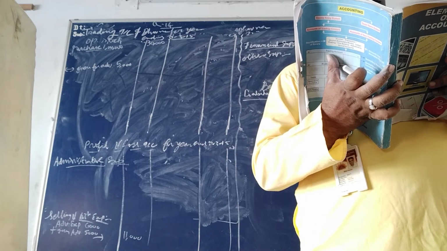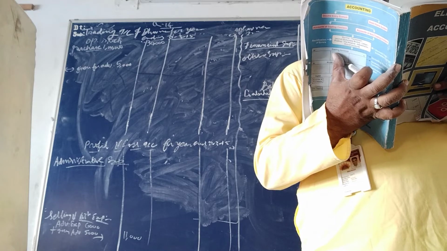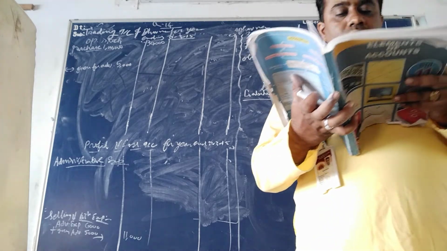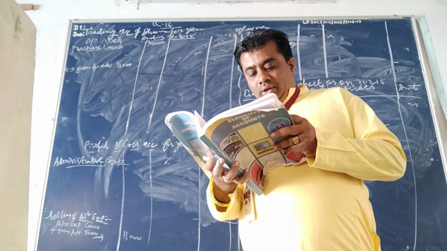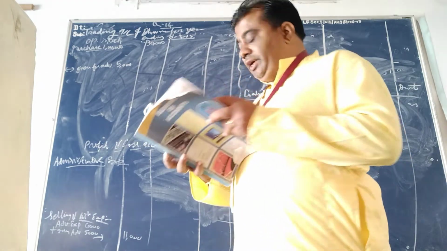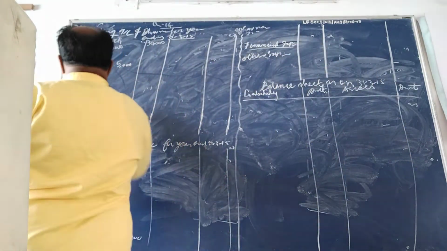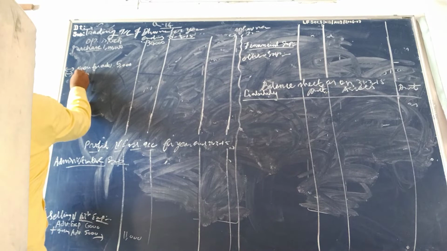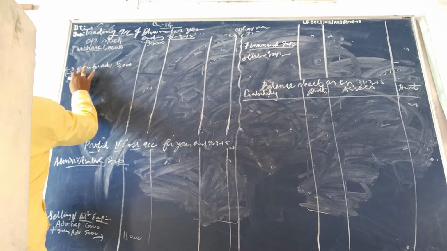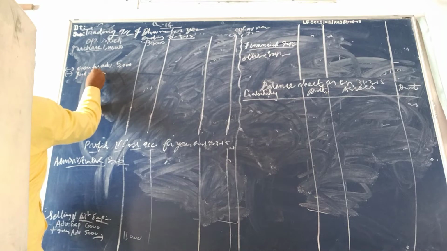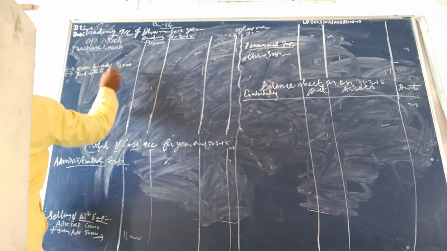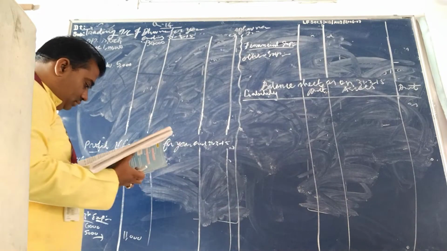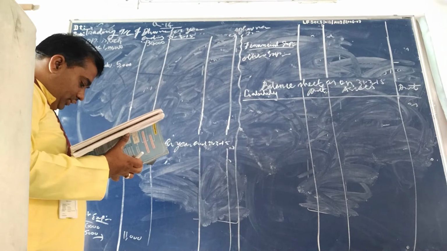Now goods of 6,000 withdrawn by Bhavna for personal use, means drawing. Here goods of 6,000 is also given, so here also subtract. Okay, goods withdrawn by Bhavna. How much is it? 6,000.